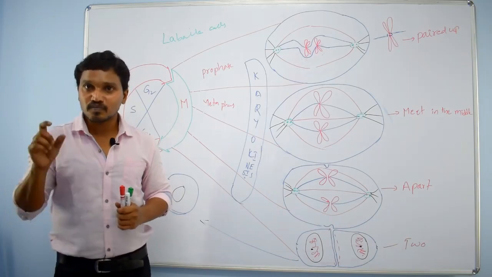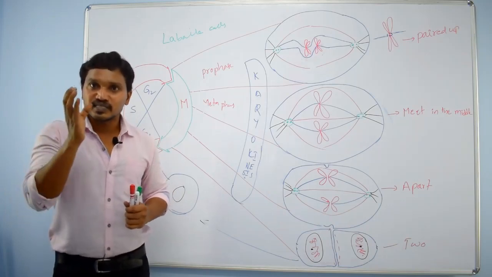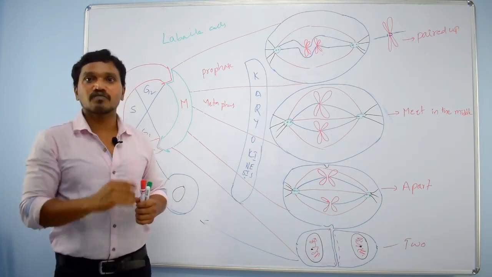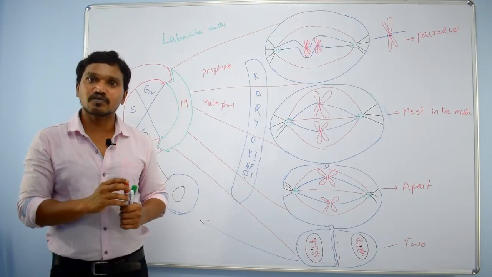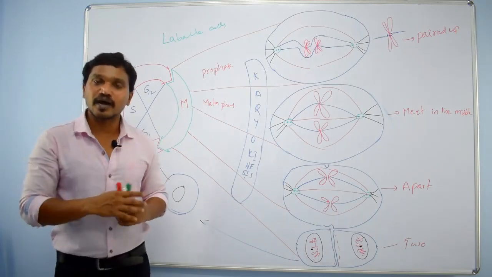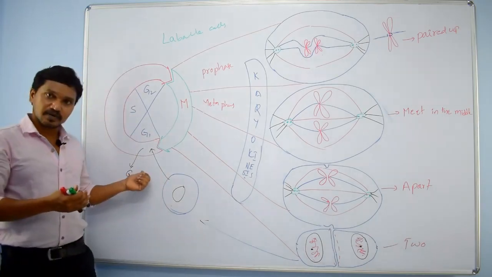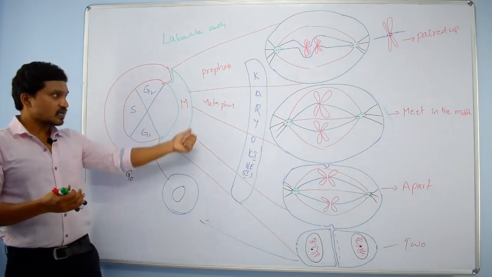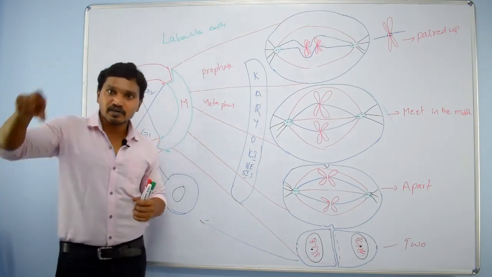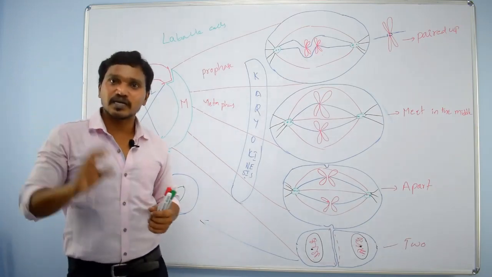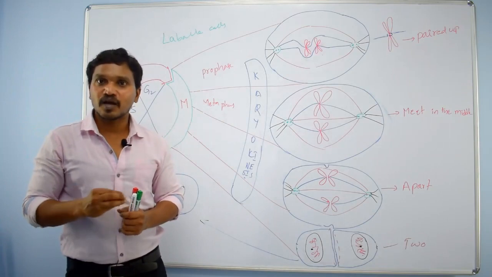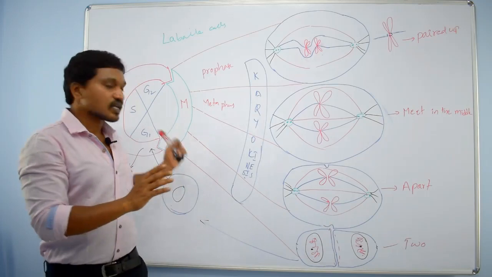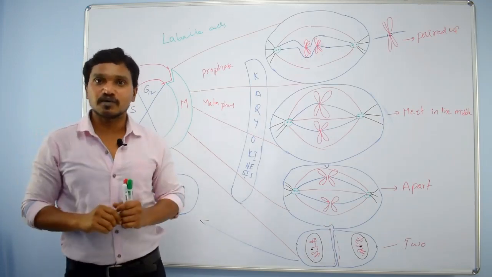But if there is any damage or if there is removal of half of the liver or some part of the liver donated to another person, at that time these hepatocytes enter into cell cycle, complete the cell division, and undergo cell division for many repetitions, and stop when the liver reaches its original size and shape.